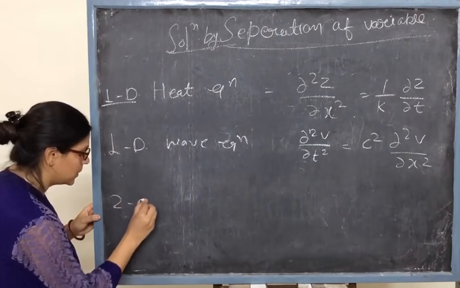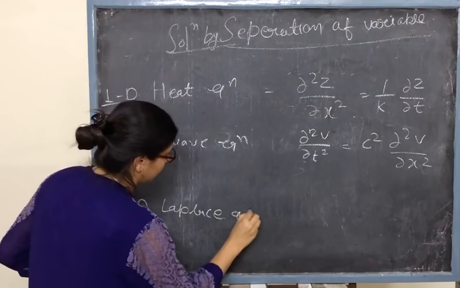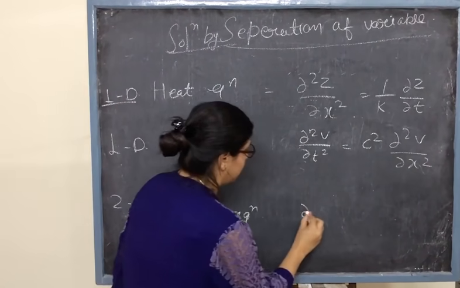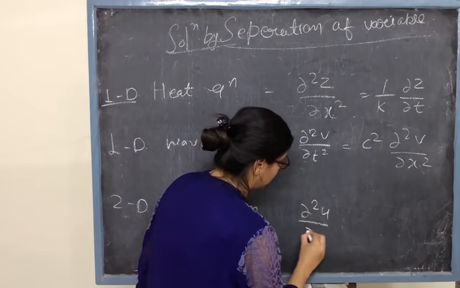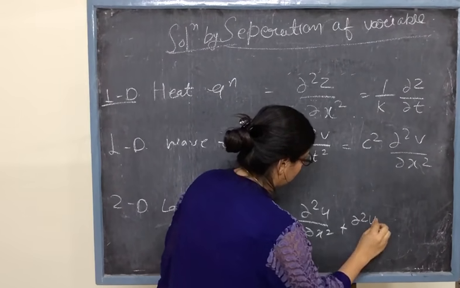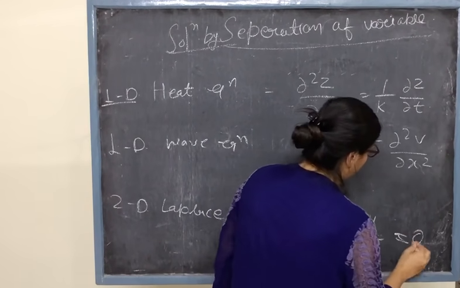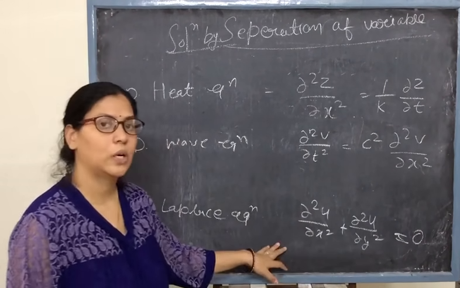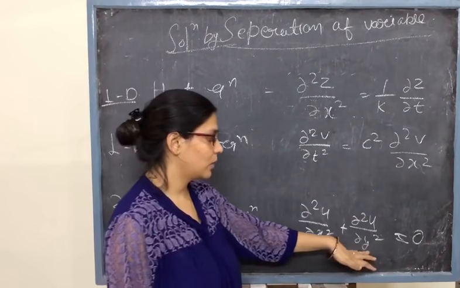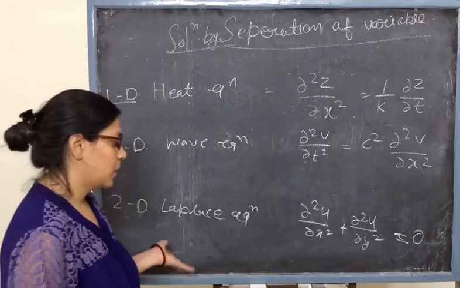And the two-dimensional Laplace equation is del 2u over del x square plus del 2u over del y square equals 0. If our equation has this form, then the equation is called the Laplace equation.